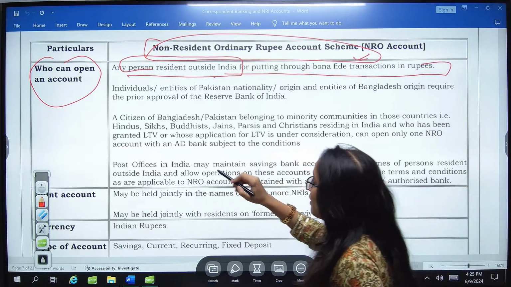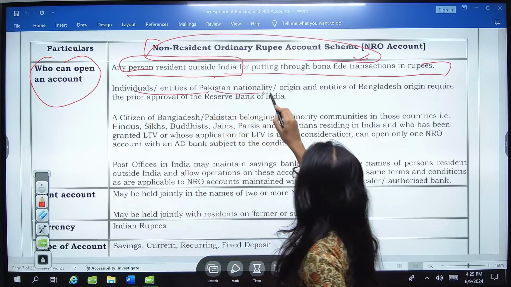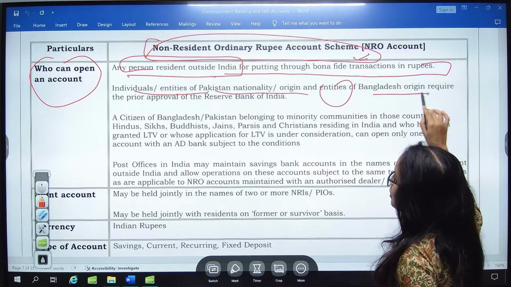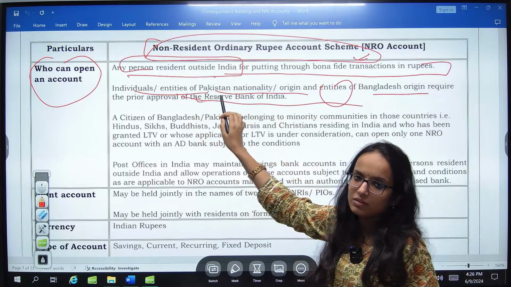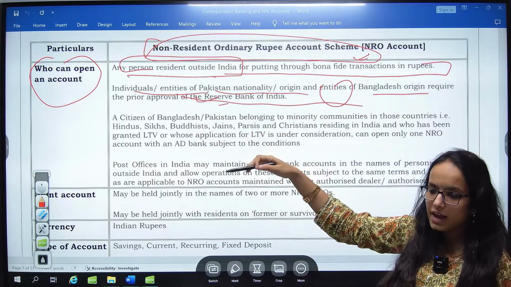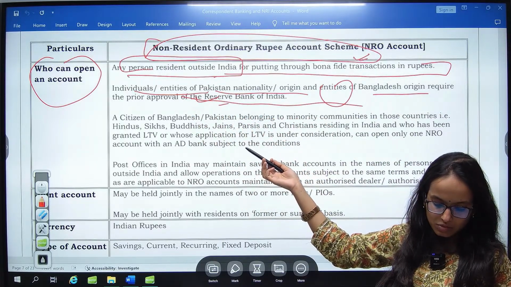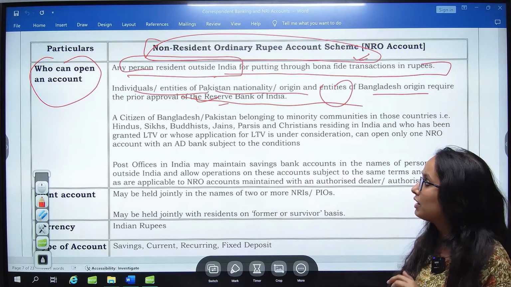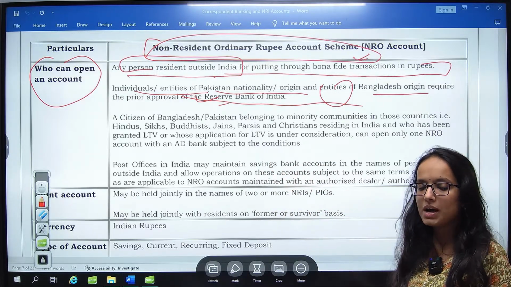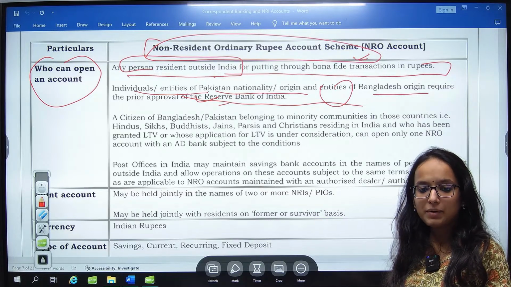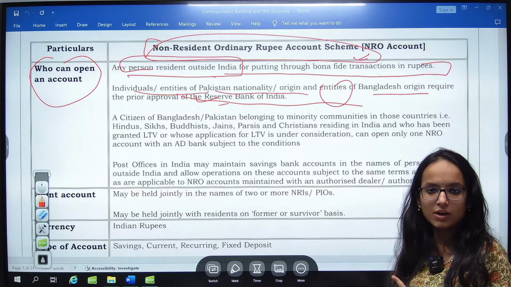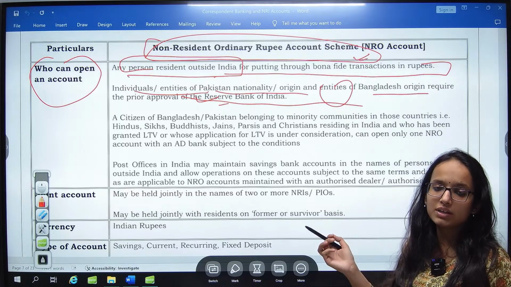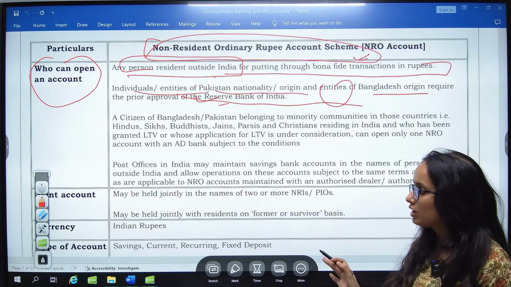Now, individual entities of Pakistan nationality or origin and entities of Bangladesh will require a prior approval, as was the case in NRE and FCNRB account as well. So individuals residing outside India but having origin in Pakistan or Bangladesh will require a prior permission from the RBI to open this NRO account, but any entity residing outside India can open this account, okay.